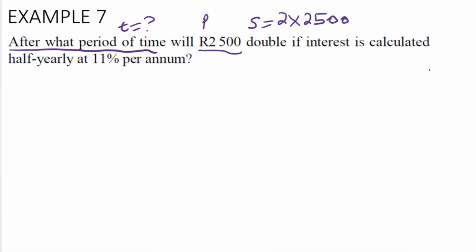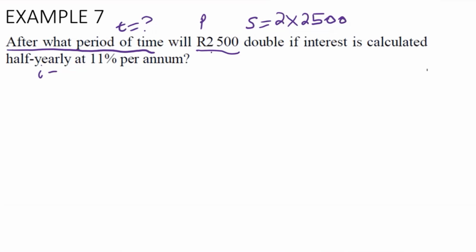So now you start with P, which is 2,500. It would have doubled in a specific time, if the interest is calculated half yearly at 0.11, so the compounding period is equal to 2. Okay, so now we need to calculate the time.